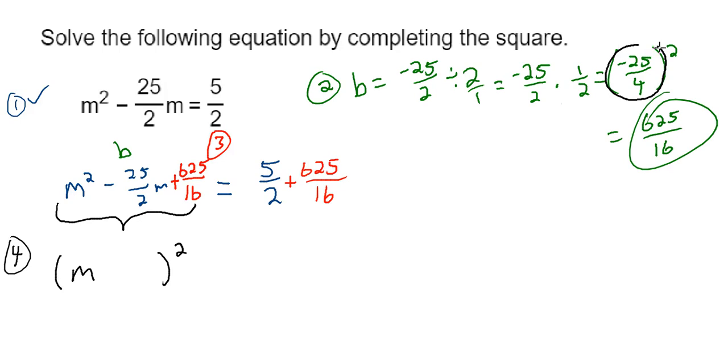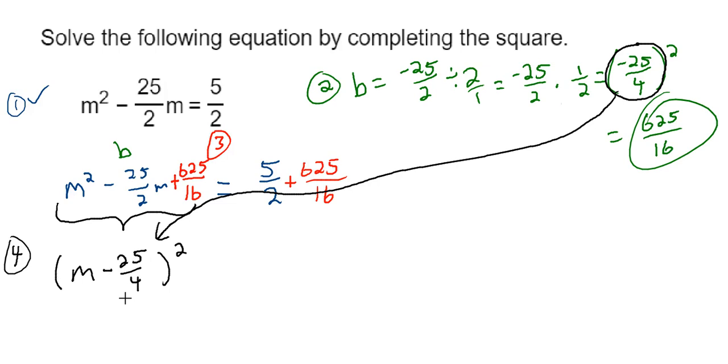This thing right here, that's the number that's going to end up inside of the factor. So it's negative, so I'm going to have minus 25 over 4. If it was positive, I would have plus 25 over 4. And so that's how this will factor. So go over here to the number before you square, grab that number, put that number as the number that goes in your factor on the left-hand side.